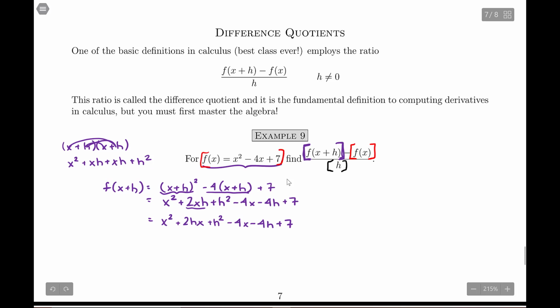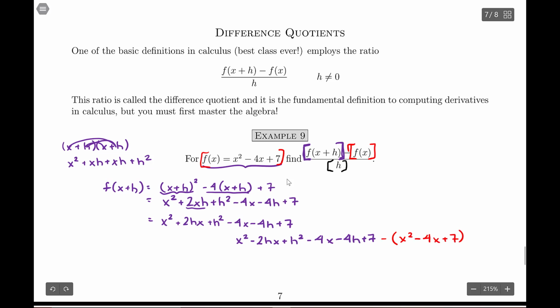Okay, so here's where you want to be careful with your negatives and things like that. So let's go ahead and write the f of x plus h, and I'll use the same color still. So we have x squared plus 2hx plus h squared minus 4x minus 4h plus 7. And then that's going to be minus the original function, x squared minus 4x plus 7.